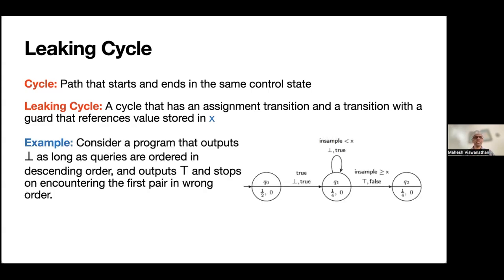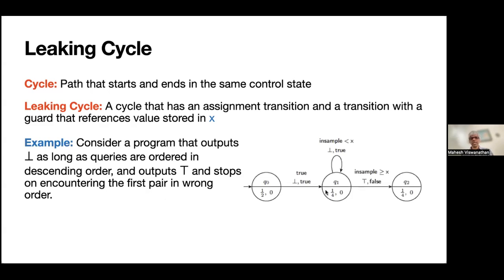We will call a cycle leaking if, looking at the transitions in the cycle, one transition assigns a value to the storage variable X, and another transition, possibly the same one as the assignment transition, compares the value stored in the variable X to the value sampled at that step. Let's look at an example.